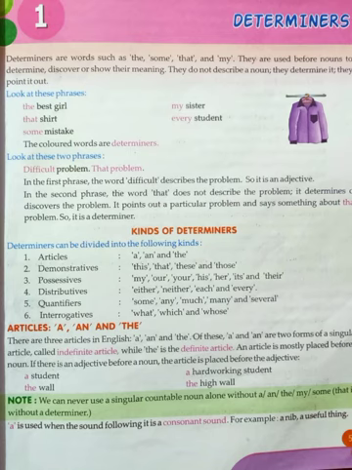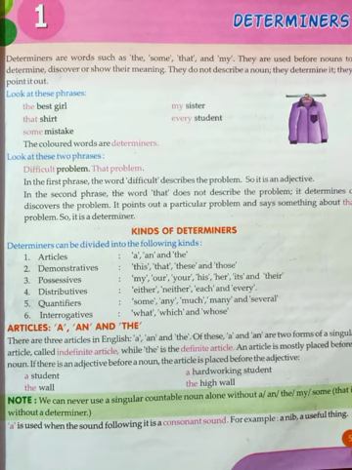All right. Let us start with the first kind of determiner, that is the articles. Now you might have studied in your earlier classes that there are 3 articles: a, an, and the. Even though they are determiners, we cannot use these words wherever we wish, or in front of any word.